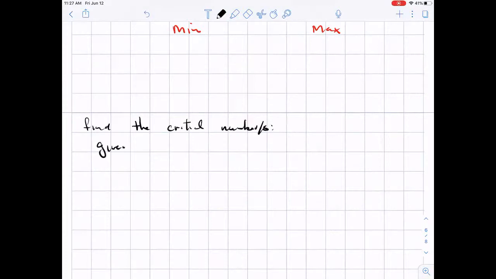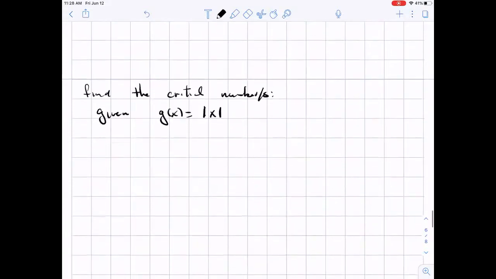Given g of x is equal to the absolute value of x, okay? Well, if you do this algebraically, it will take some time, okay? Because you have to take the derivative, okay?